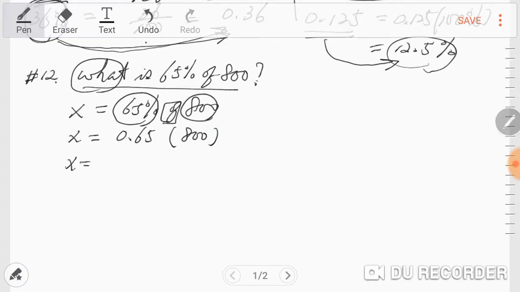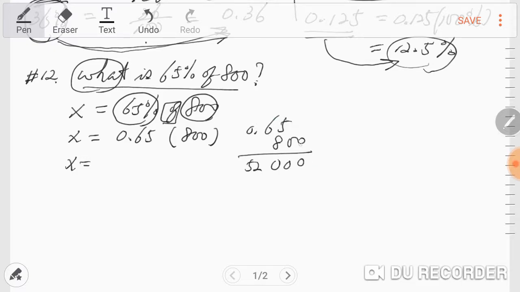Then x is equal to 0.65 times 800. 65 times 8: 5 times 8 is 40, 6 times 8 is 48, plus 4, 52, 0, 0.